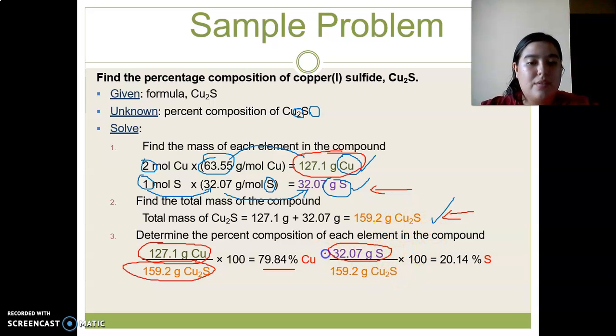And then we have to divide this, and now we have to multiply by 100. So that it is equal to 20.14% for sulfide, okay? This is how we can find the percentage composition of copper and sulfide, okay?